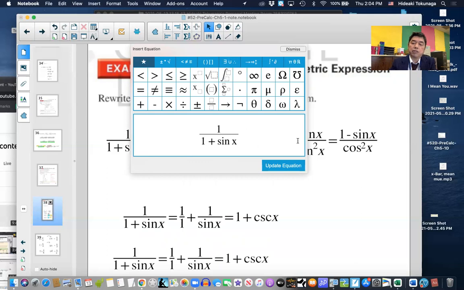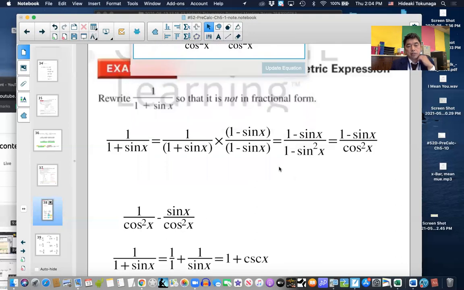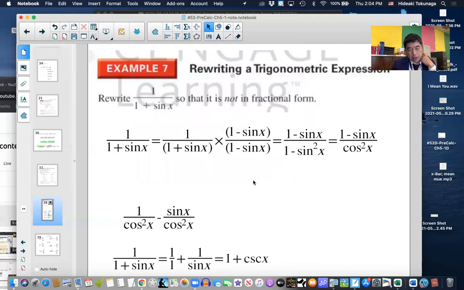So first, keep the fraction. The first one is 1 over cosine squared x, and subtract the fraction sine x over cosine squared x. Right?